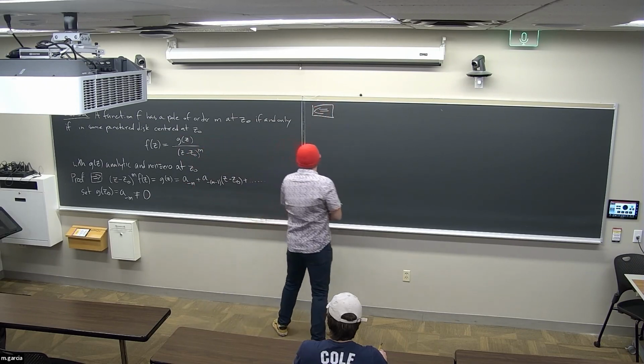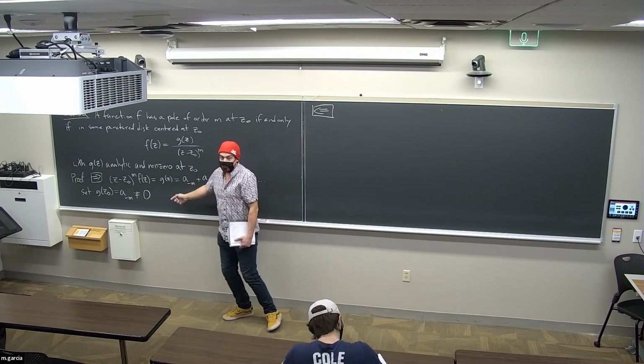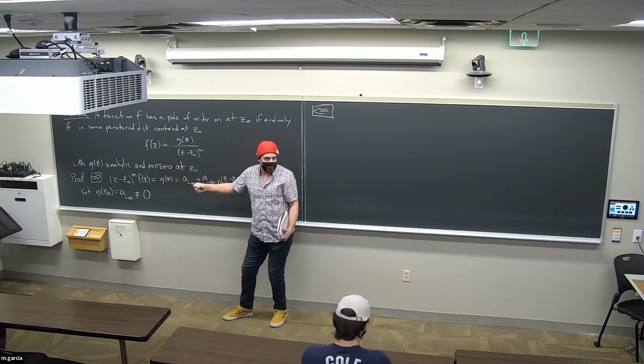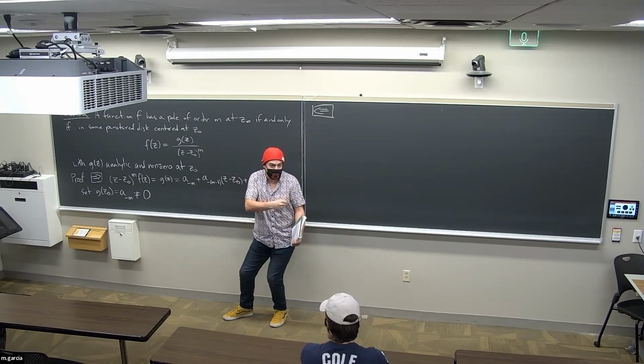Before we go on, this is exactly what we did when we redefined a removable singularity. When we redefine the function, we just plug in the value from the Laurent series when we cancel out the singularity. Similar procedure here.